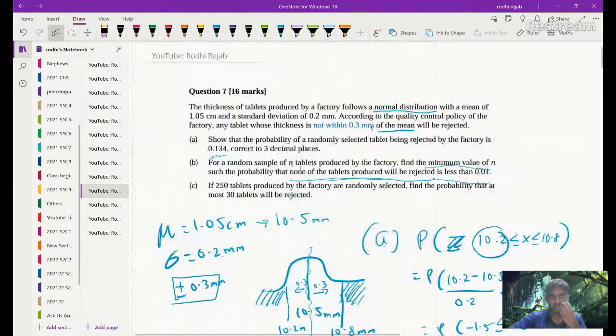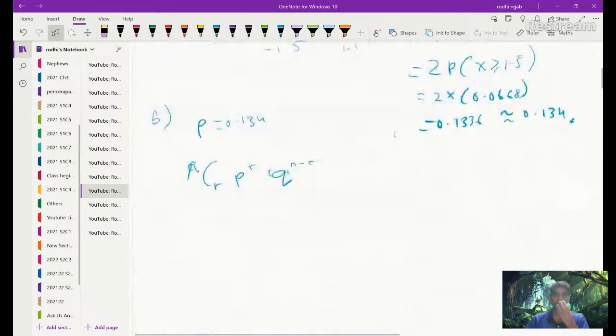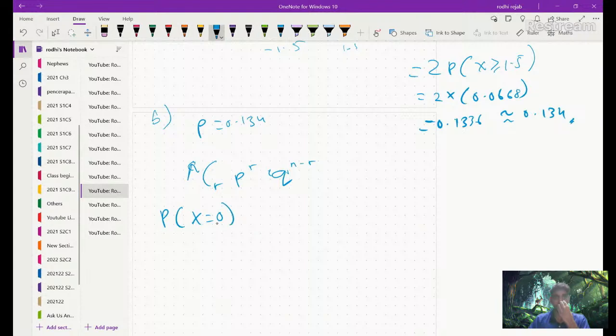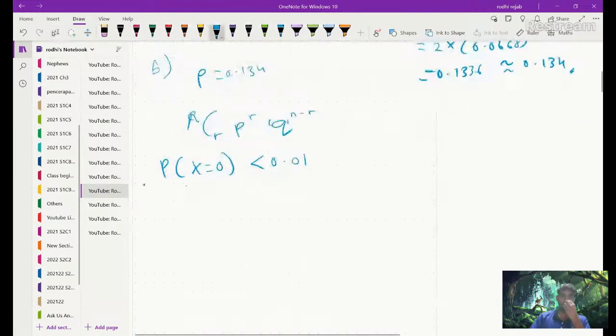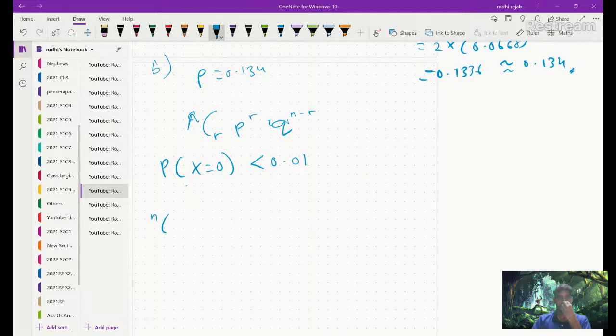The probability that none of the tablets produced will be rejected is less than 0.1. So assuming P(X = 0), none of the tablets produced is less than 0.1. So we can substitute into this. We just do not know the n. So nC0, p is 0.134, our r is 0, and the balance is 0.8.